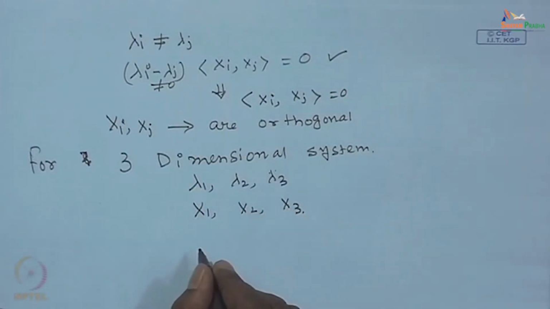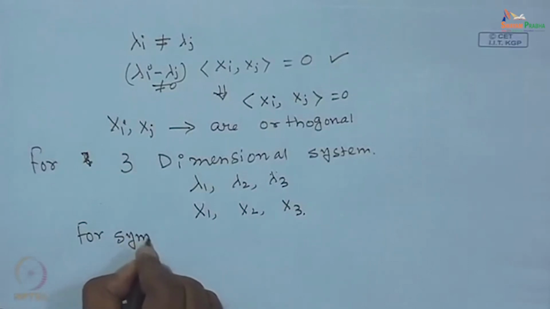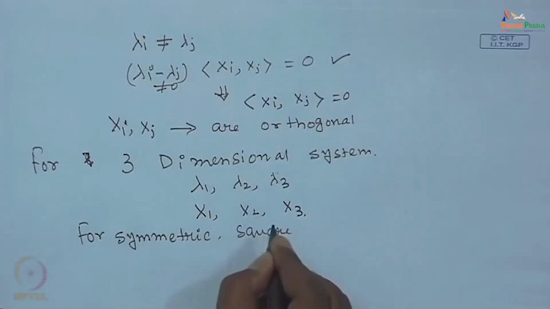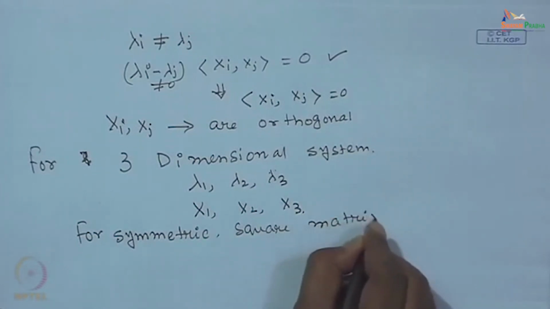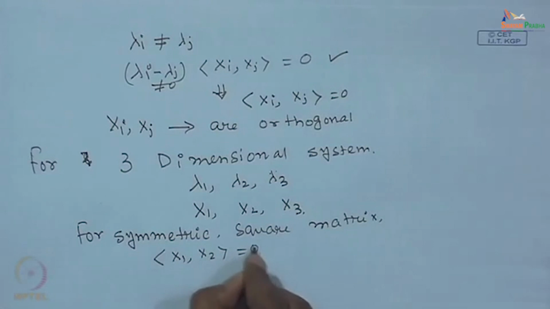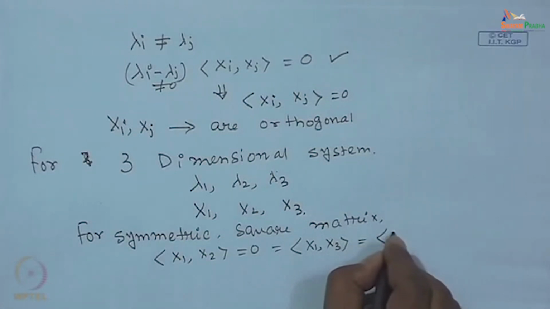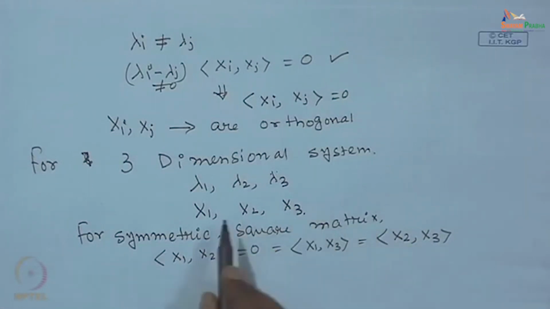Now, this simply means that for a symmetric, of course square, matrix, because eigenvalue problems are defined on square matrices only, the inner product of x 1 and x 2 is equal to 0, is equal to the inner product of x 1 and x 3, and equal to the inner product of x 2 and x 3.